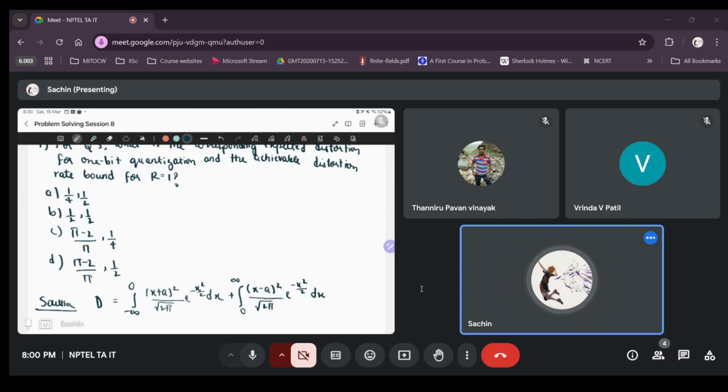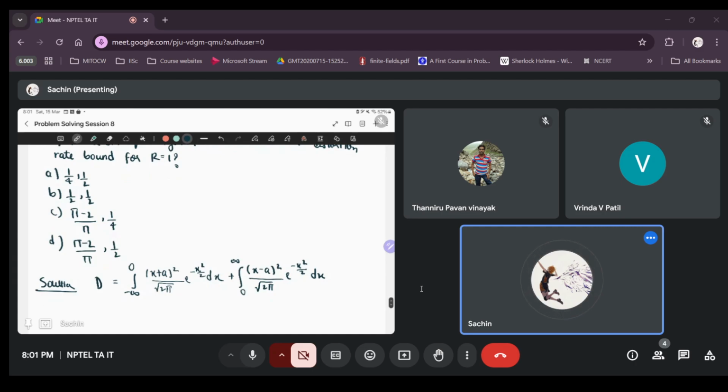So for x greater than 0, less than infinity, you reconstruct to a, so the average squared error is the integral from 0 to infinity of x minus a whole square by square root of 2 pi e power minus x squared by 2 dx. And for negative values of x, you reconstruct to minus a. So the average square error is x plus a whole square f of x dx.